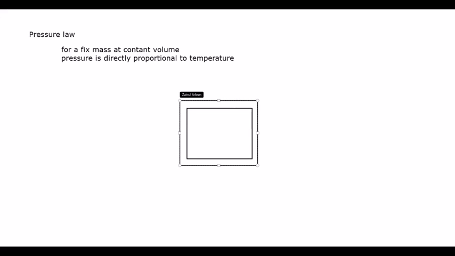So it is fixed, and it has gas particles inside. If I supply heat energy and the temperature increases, the molecules will move faster. They will hit the wall much harder.